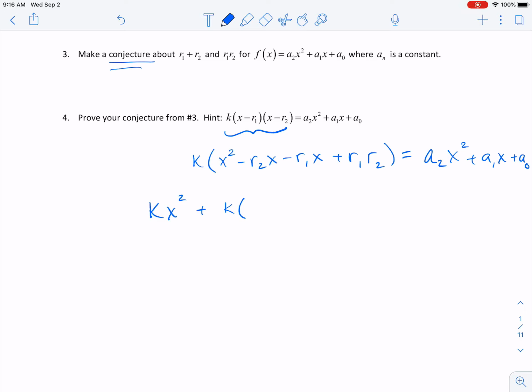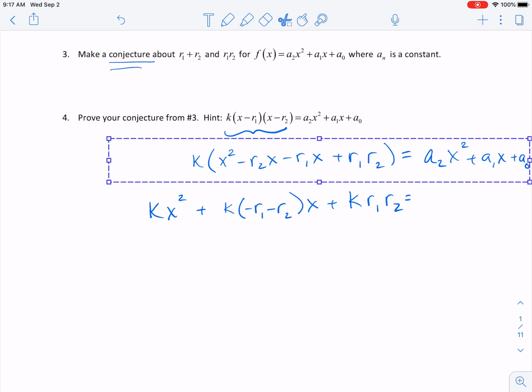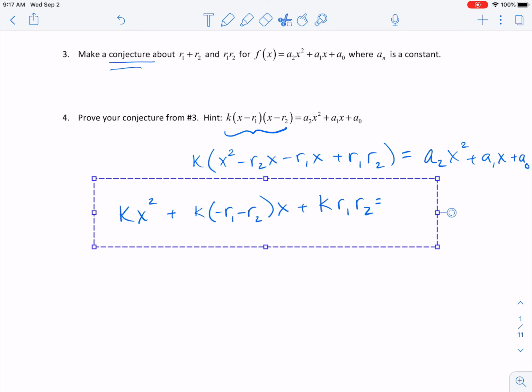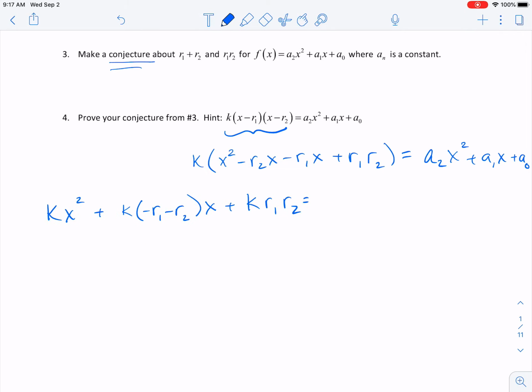So then it becomes negative r1 minus r2 times x, plus k times r1r2, and that's equal to a2x squared plus a1x. The a2x squared is what I should have said, my bad. It's too early in the morning.